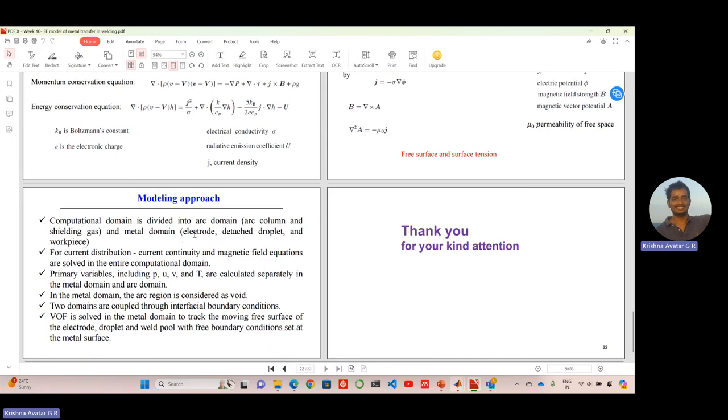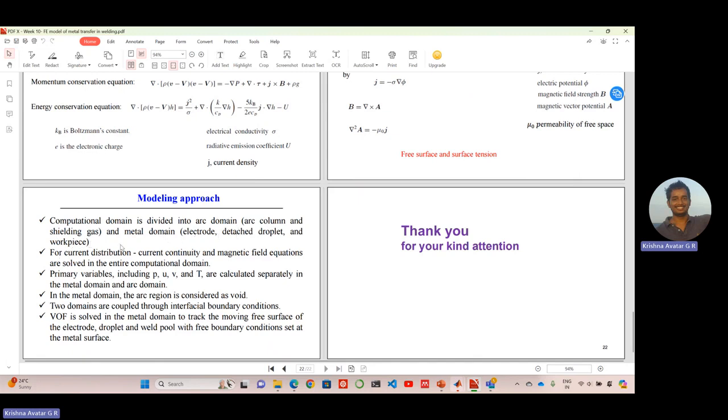So that's how we defined our computational domain.